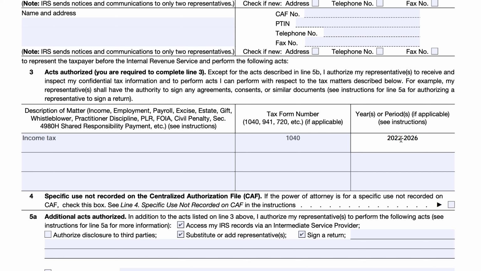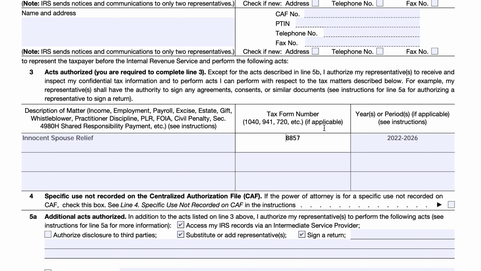There is a note in the instructions. So if you wanted to authorize someone to represent you for innocent spouse relief, you would enter that, and then whatever years are impacted. IRS Form 8857 is the innocent spouse relief form.